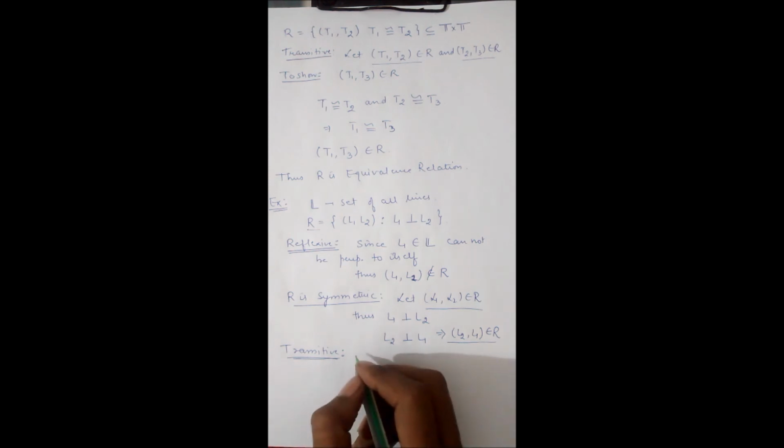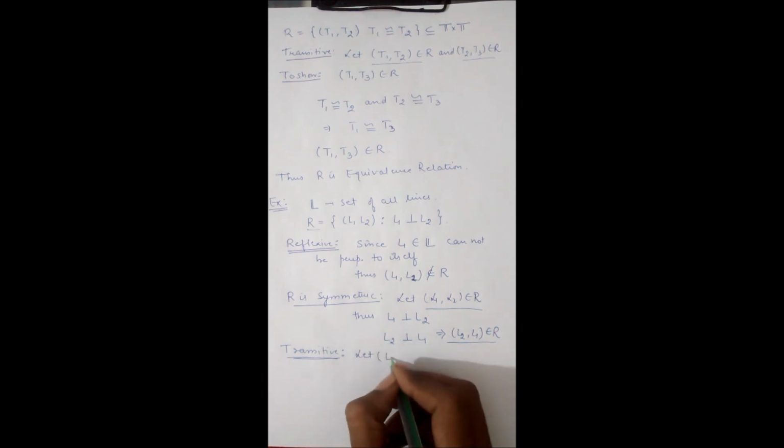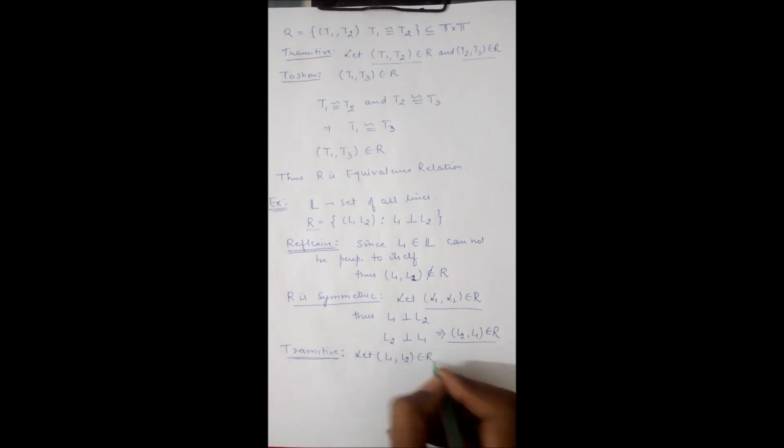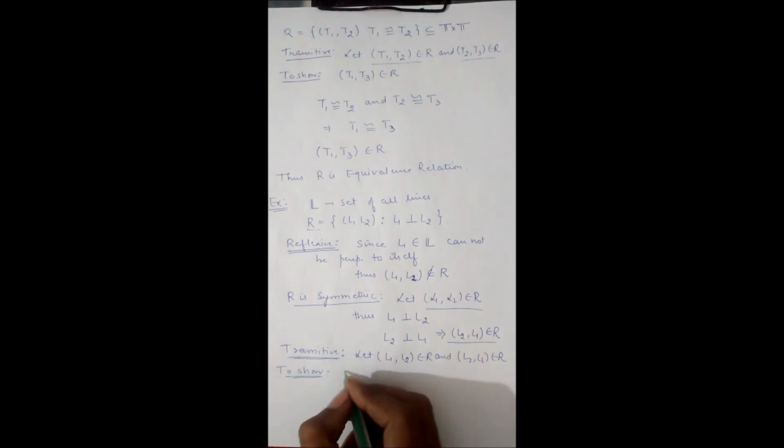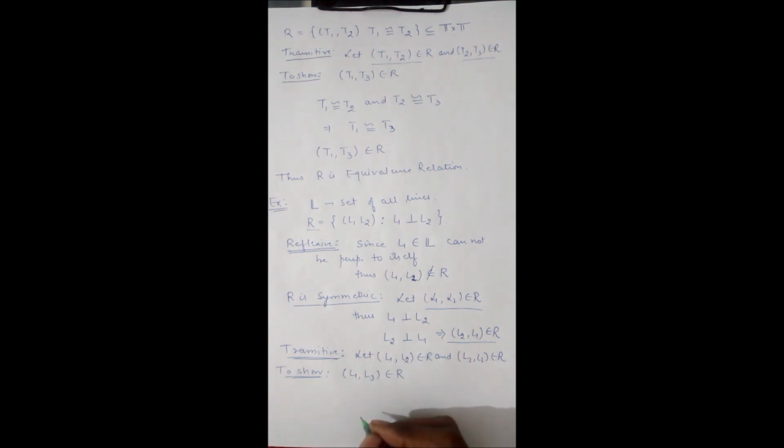Now, we'll go by definition. In order to be transitive, we need to suppose two pairs, (L1, L2) in R and (L2, L3) in R. This was my supposition. If it is transitive, then I must show that (L1, L3) belongs to R. Now, is that possible? That a line L1 is perpendicular to L2 and L2 is perpendicular to L3, then L1 is perpendicular to L3.